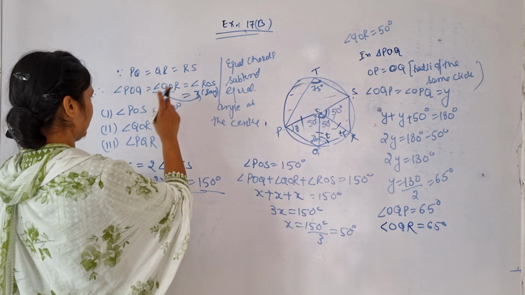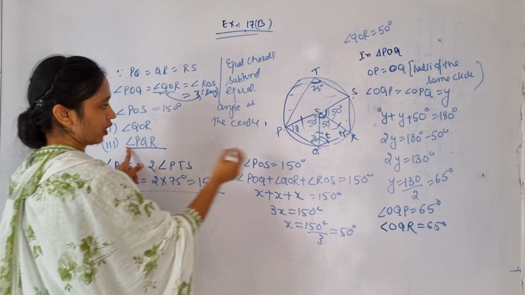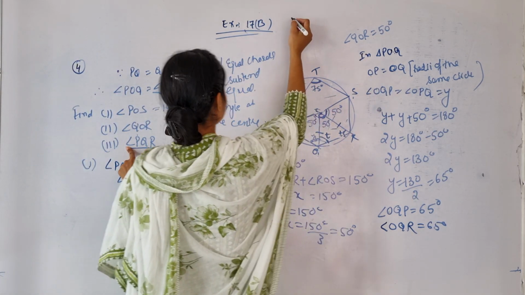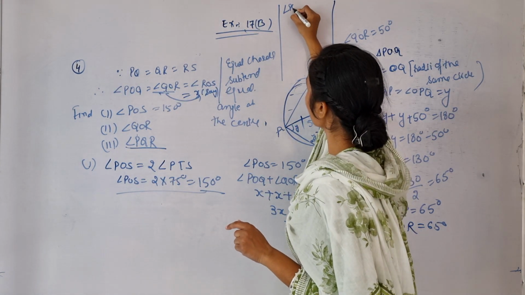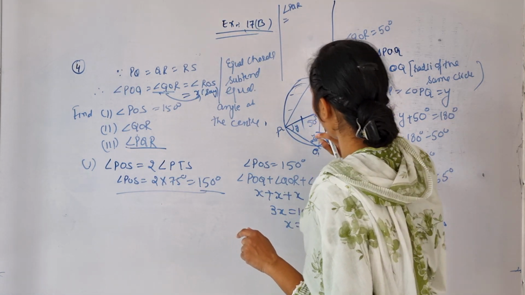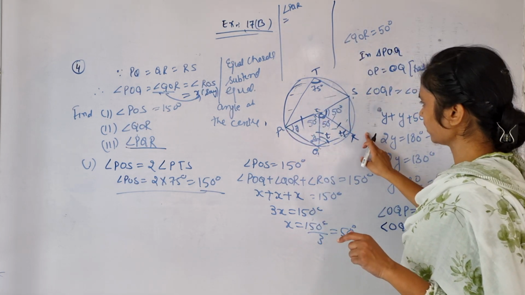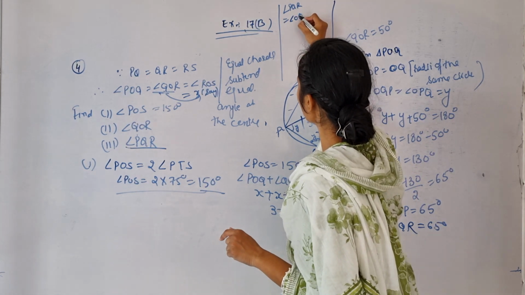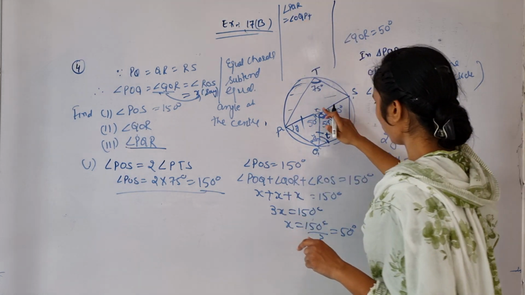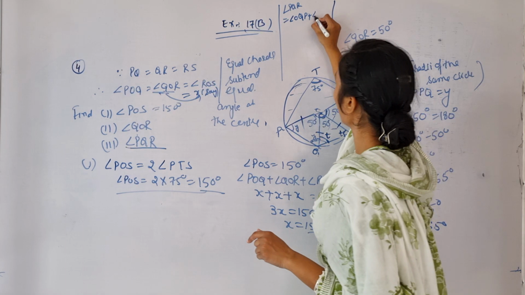I need the third part, PQR. See, angle PQR will consist of OQP plus OQR.